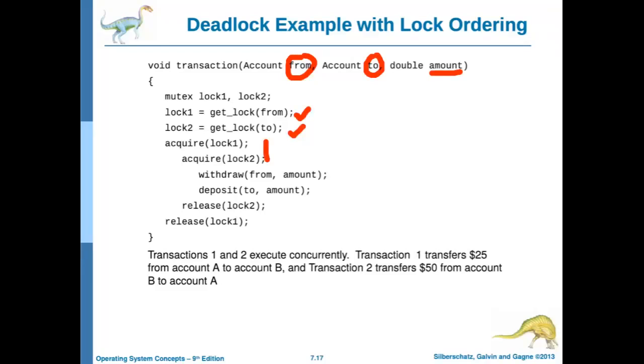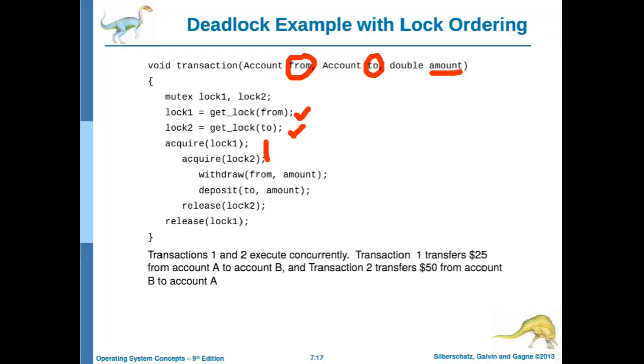Now because we want to transfer the amount, transferring is what? Withdraw first of all from the account from and deposit into account 2. So if A and B, these are account numbers, withdraw from account A and deposit into account B. That is what the thing is.